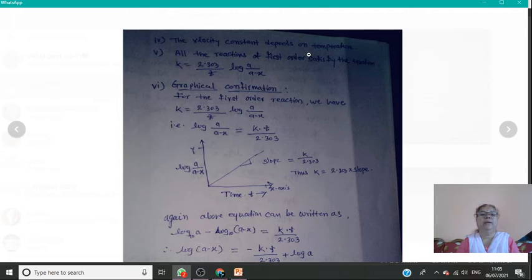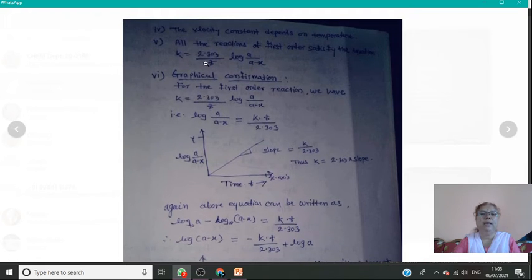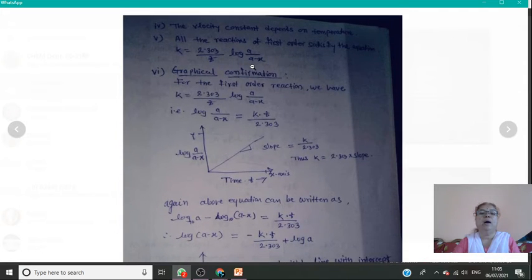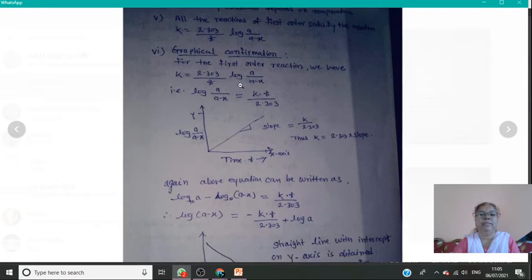Then the next characteristic: all the reactions of first order satisfy the equation K equals 2.303 divided by t into log a upon a minus x.